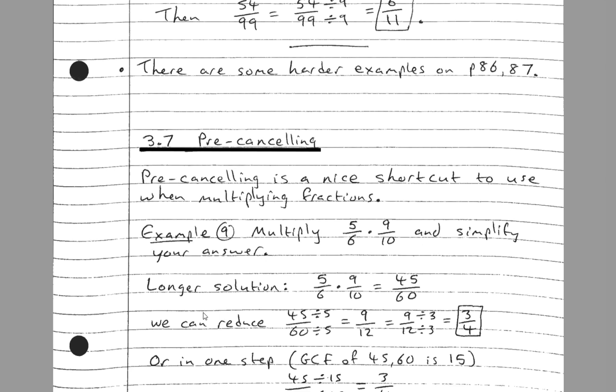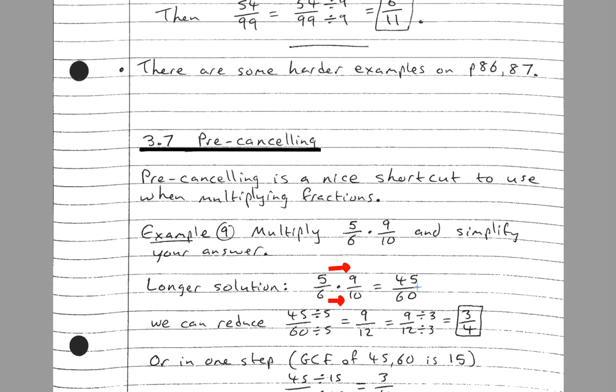All right, so let's do it the long way first. Okay, so 5/6 times 9/10. You remember from last time, when you're multiplying fractions, you multiply straight across. 5 times 9 is 45. 6 times 10 is 60.